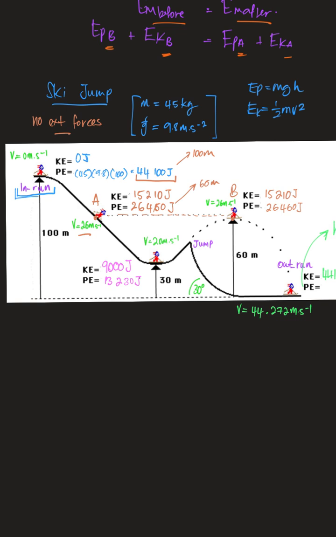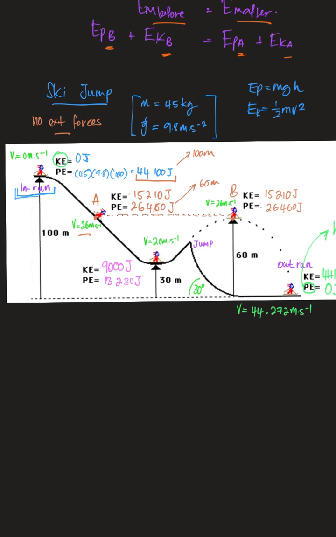Which means if I do MGH, I'm going to have 45 times 9.8 times 0, which means I'm going to have 0 joules. So have a look here. The kinetic energy at the bottom is equal to the potential energy at the top. The potential energy at the top is equal to the kinetic energy at the bottom. So I can say I have conservation.